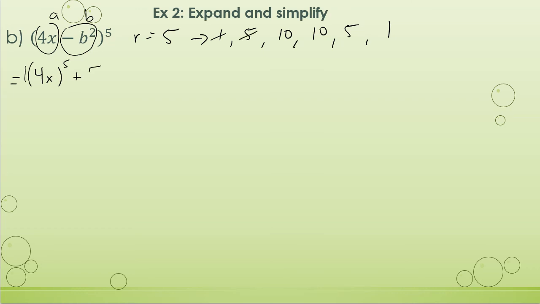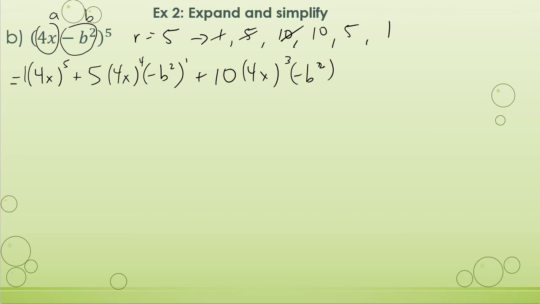My next coefficient, 5. 4x goes down by 1, so 4, and then negative b squared to the power of 1. Next coefficient, 10. 4x goes down by 1. Negative b squared goes up by 1. Next coefficient, 10. 4x goes down by 1. Negative b squared goes up by 1.